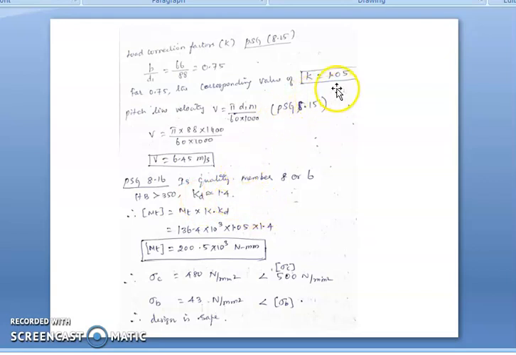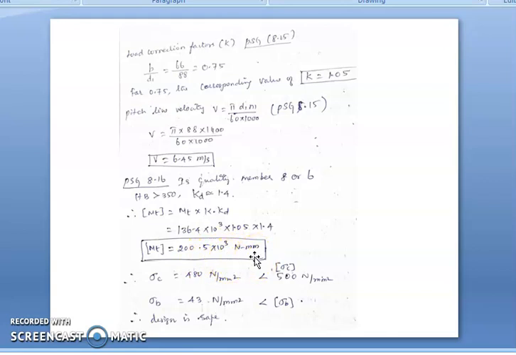Now we have a new K equal to 1.05 and KD equal to 1.4. Using these revised values, we can revise the design MT as 200.5 into 10 power 3 Newton mm.